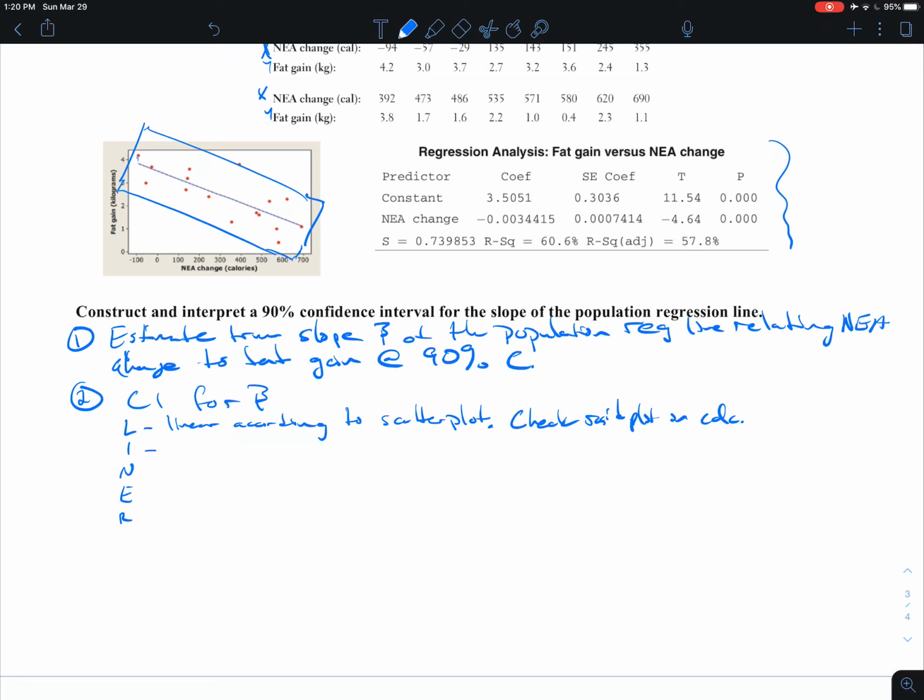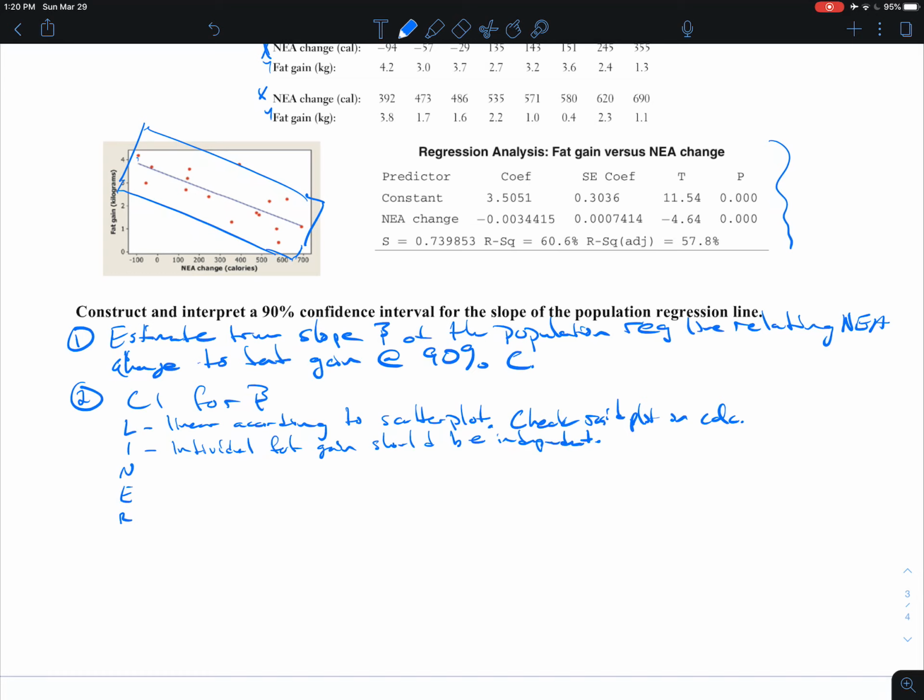Independence statement is some comment about individual fat gain should be unique from person to person, should be independent. That's enough to say there.